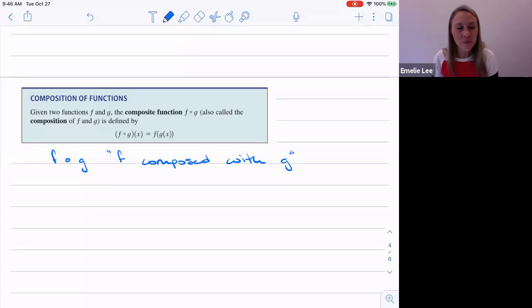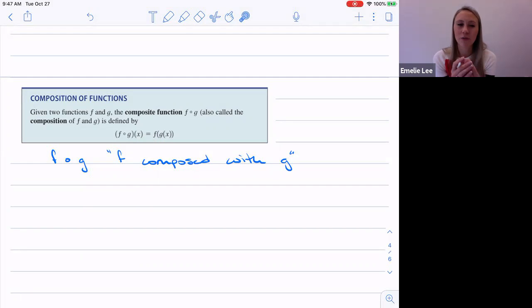And I actually read it as f of g, even though it's technically incorrect. But it becomes f of g of x anyways, and so that's why I find it a little bit of a mouthful to say f composed with g, but just remembering that f composed with g of x is where you put g of x into f. So wherever you see an x, you're going to replace it with g of x.